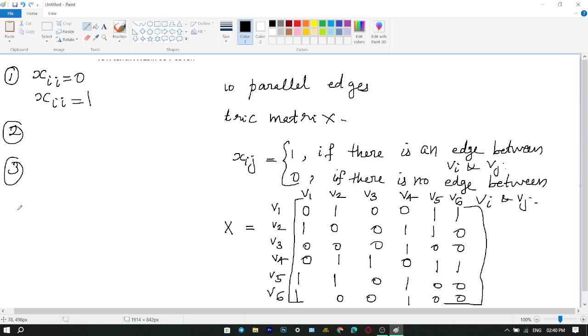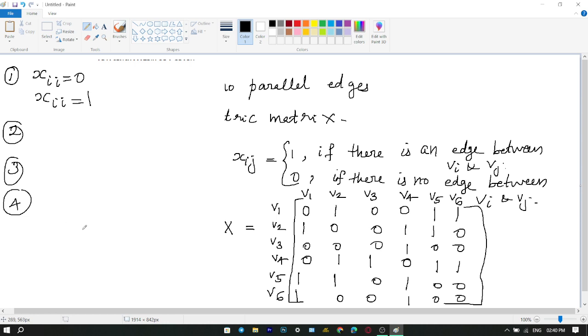Now, the fourth observation is permutations of rows and of the corresponding columns imply reordering the vertices. The rows and columns must be arranged in the same order. Thus, if two rows are interchanged in X, the corresponding columns must also be interchanged.